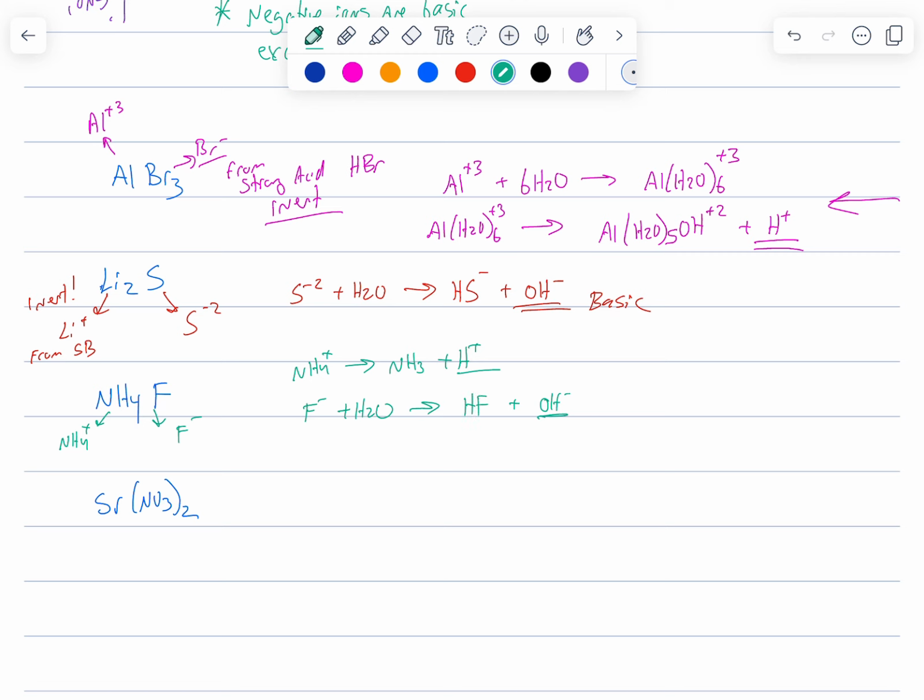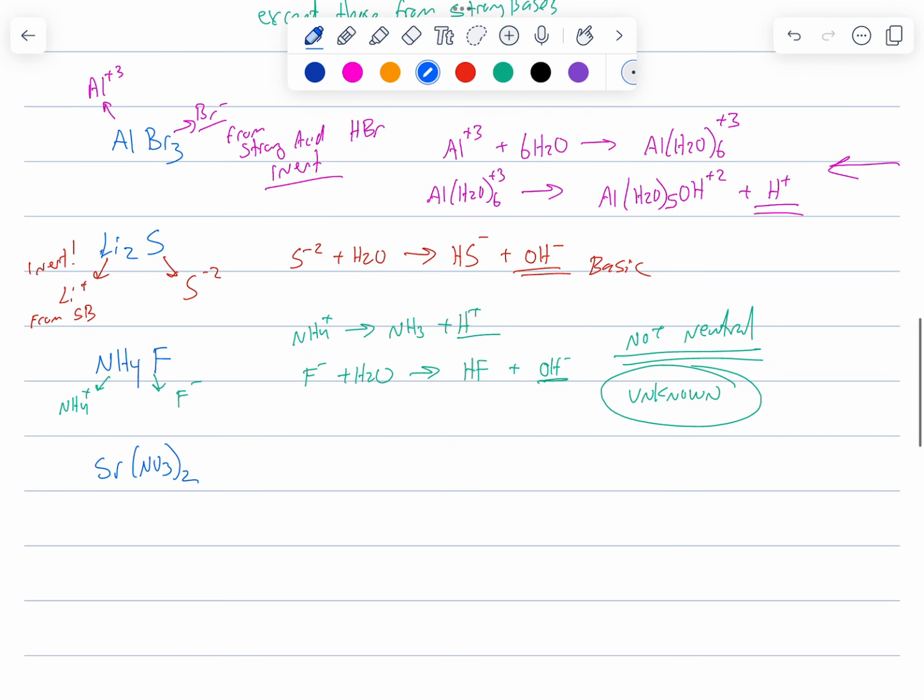So here we have something where one ion forms H+, the other ion forms OH-, and you actually don't know which one of these is better at doing its job. You don't know if the NH4+ is better as an acid compared to the F- as a base. So when both of these produce H+ and OH-, it's not neutral because, again, you don't know which one is stronger, so you have to say that this is unknown. The only way to know for sure is to test it with an indicator, with like a piece of pH paper.